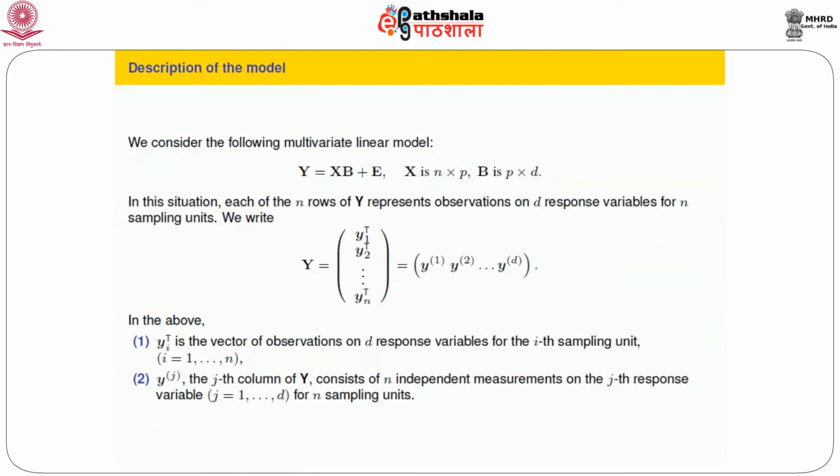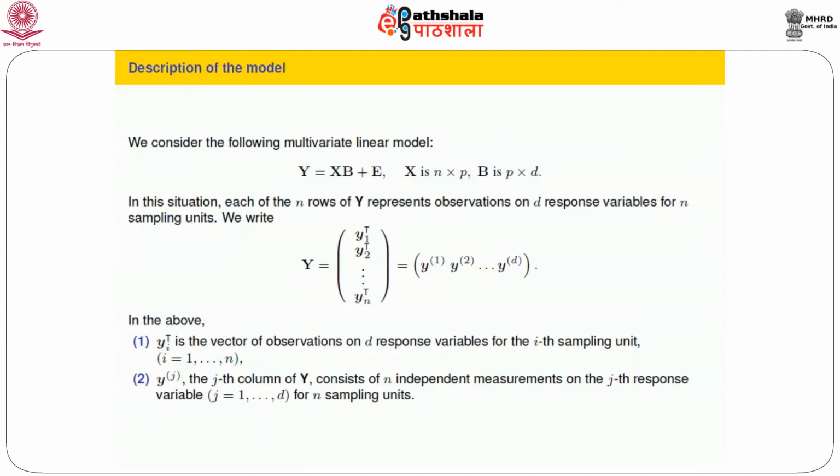Now before we specify the problem and go ahead with the formal treatment, let's describe the model again. So as we noted, Y is equal to XB plus epsilon. As in the univariate linear model, Y is equal to X beta plus, we write E or epsilon.